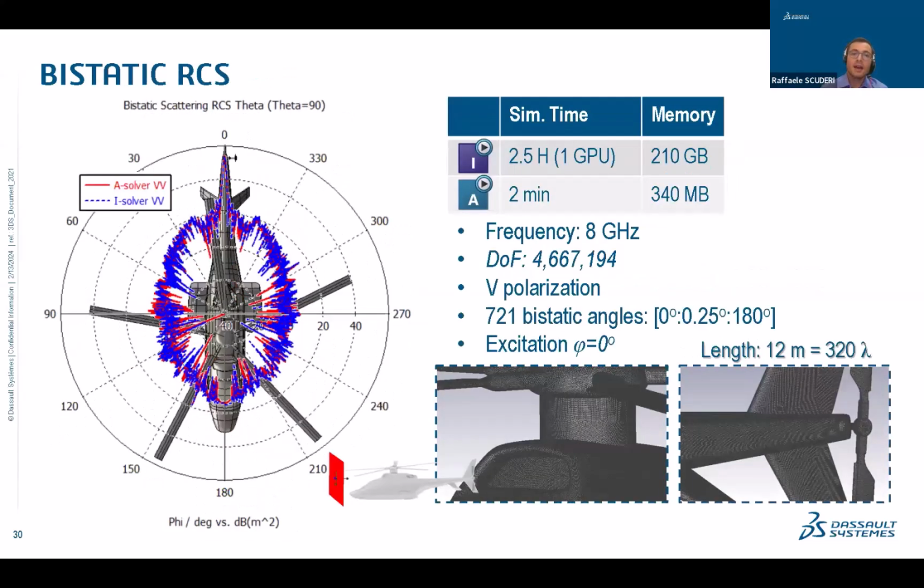And for people that maybe are wondering, are these results accurate, especially when we use the asymptotic solver with the typical assumption of the asymptotic approach, so large compared with lambda. Answering that question, here you can see the difference between a proper full wave method, which is the integral solver, and the asymptotic method, which is very, very accurate, fast, and efficient, of course, when the size of the model is big compared with lambda.